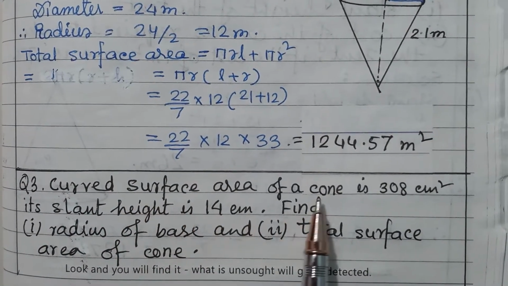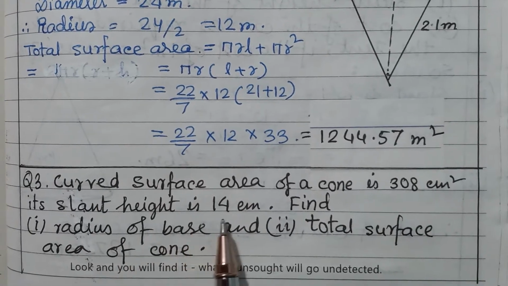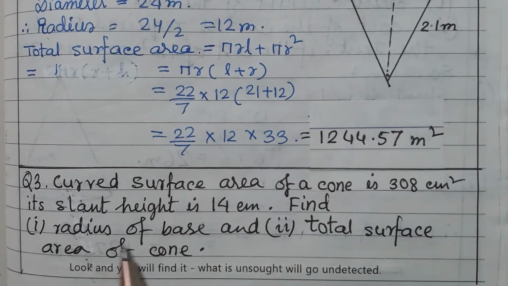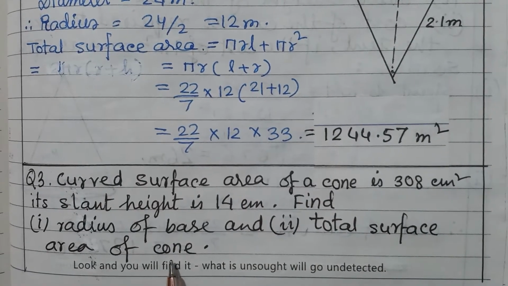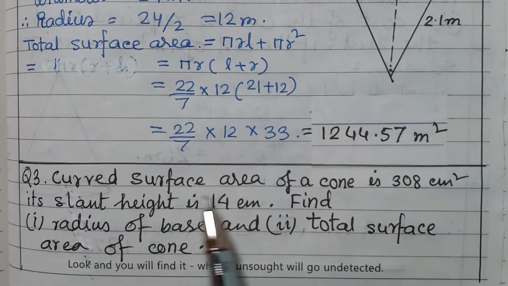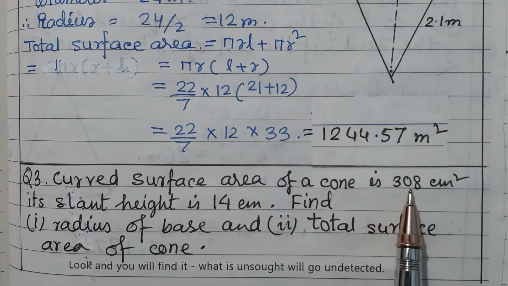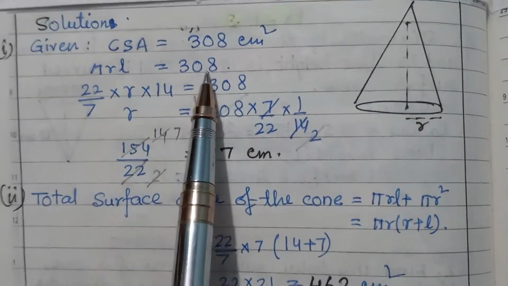Next is question number 3. The curved surface area of a cone is 308 centimeter square and the slant height is 14 centimeter. Find the radius of the base and the total surface area of the cone. First, the curved surface area is given as 308, so the CSA formula pi RL is equal to 308.